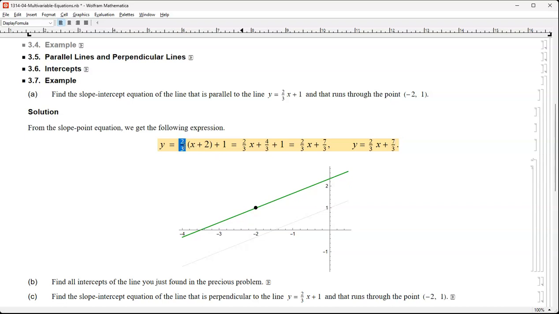Yeah, slope, and then running through -2 comma 1. Simplify, break up the parentheses, and take the like terms together. What comes out as the end result is a slope-intercept equation. So this is the equation we're looking for, and the light line is the starting line. Not very important.